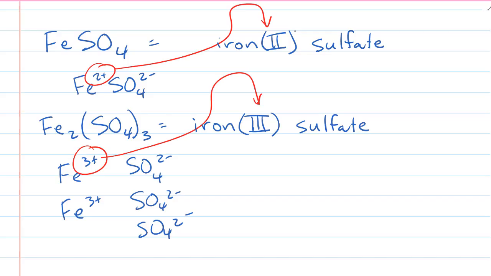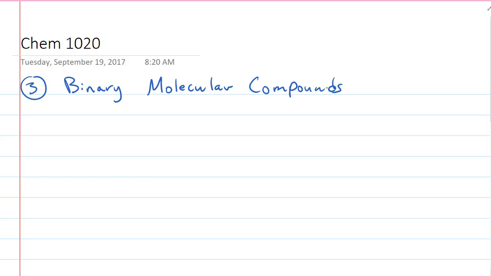All right, next up, we're going to go to our third category of compounds. Our third category of compounds was binary molecular compounds. And let's just review for a moment what binary molecular compounds are.